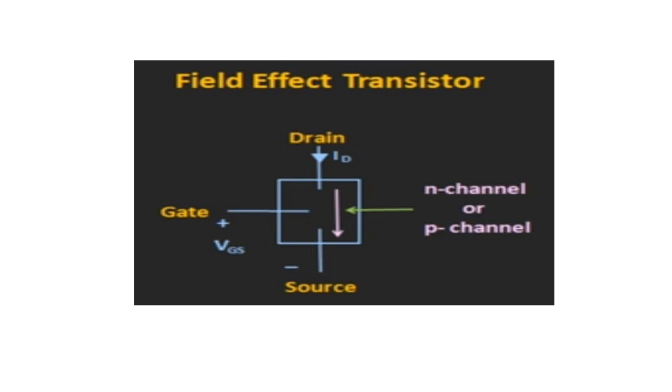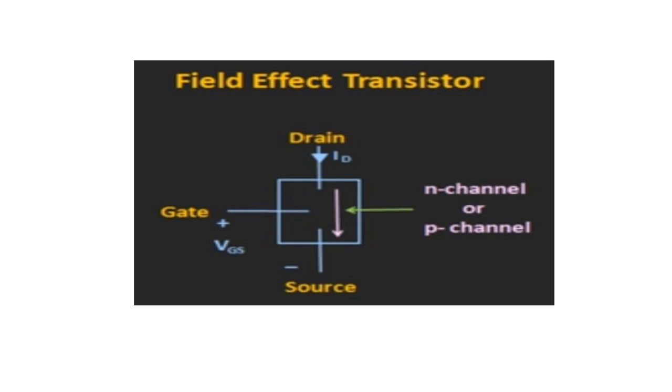Now, field effect transistor. We know a bipolar junction transistor, BJT, is a current control device. That is, the output characteristics of the device are controlled by base current and not by base voltage.